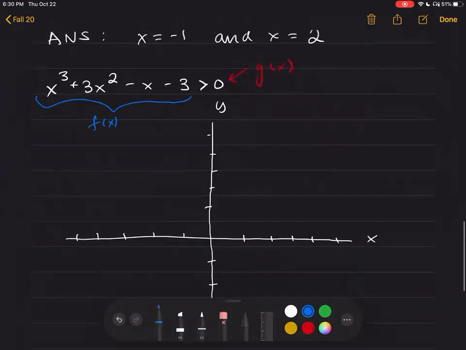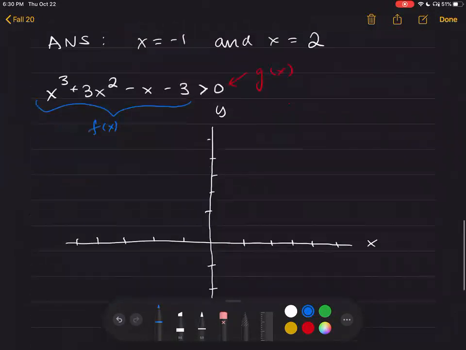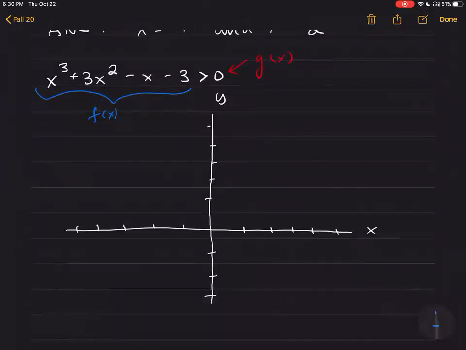And so if we look at this polynomial, it has roots here, here, and here, and it looks something kind of like this. So that goes off to infinity. This curves around like that.